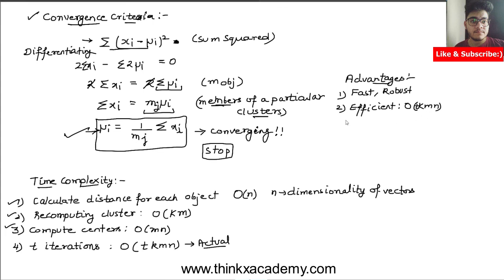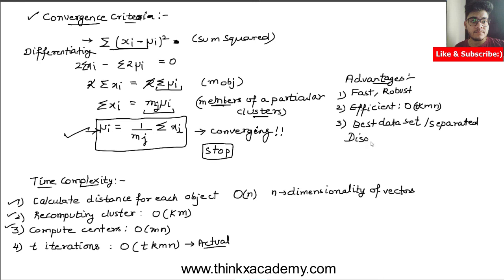So t, k, m, n. And the last point is that when we supply it with the best data set, a very good data set that is optimized for this algorithm, meaning it is clearly separated into clusters, then it works very efficiently.